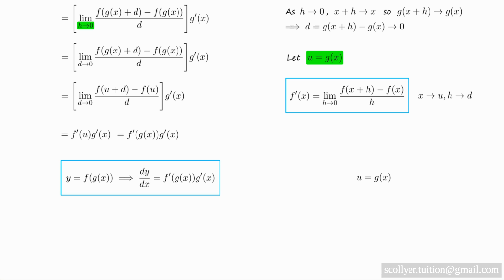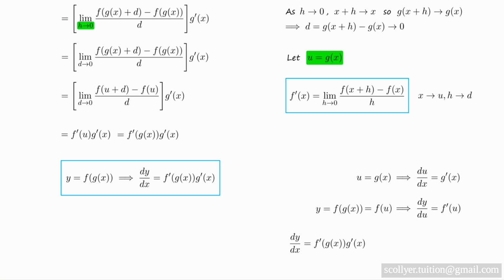We know that u equals g of x, so that du by dx equals g dashed of x. And y equals f of g of x becomes f of u, so that dy by du equals f dashed of u.